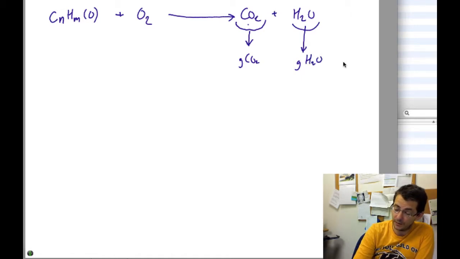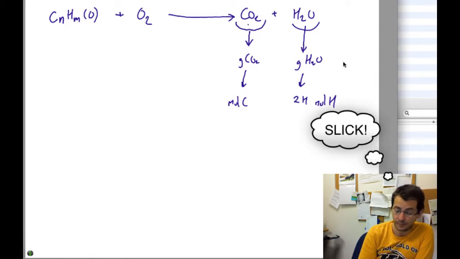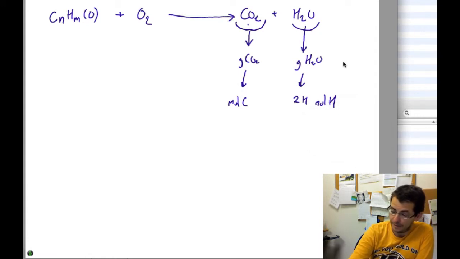We know from the formula that one water molecule is equivalent to 2 hydrogen atoms. So we know how many moles of carbon, we know how many moles of hydrogen, and from that we can figure out the empirical formula. So in practice, we weigh the CO2 and we weigh the water, and then we go backwards.